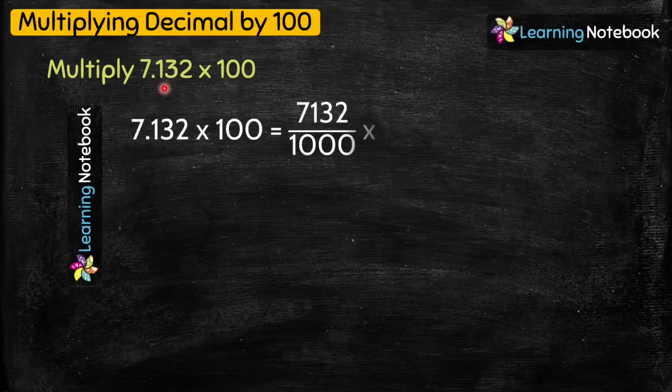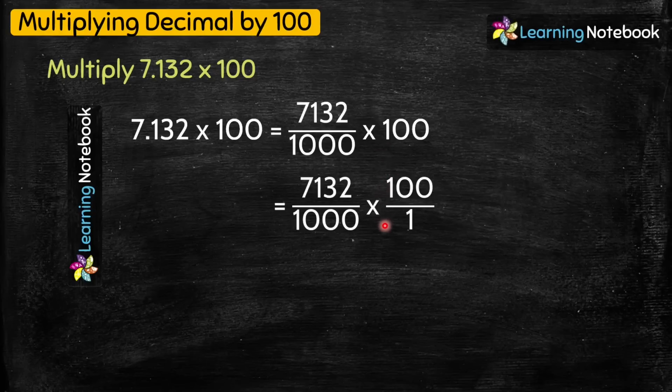We have 3 decimal places. So the fraction will be 7132 upon 1000. And now 100 can be written as 100 by 1. Let's cancel zeros by 0. And we get 7132 by 10.